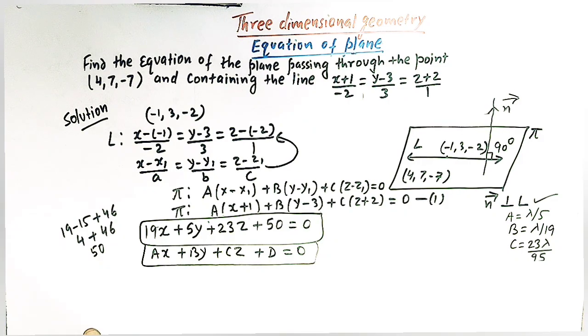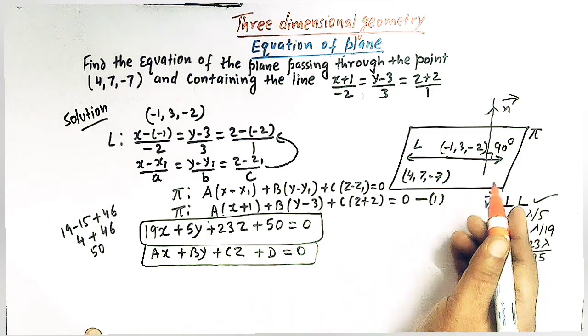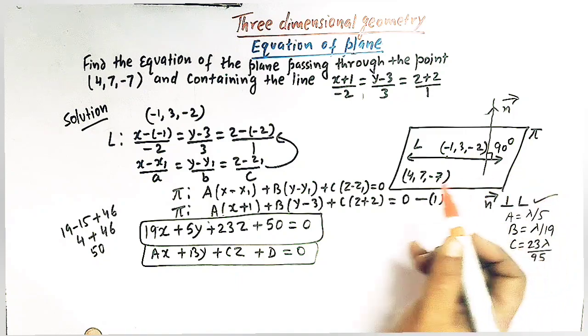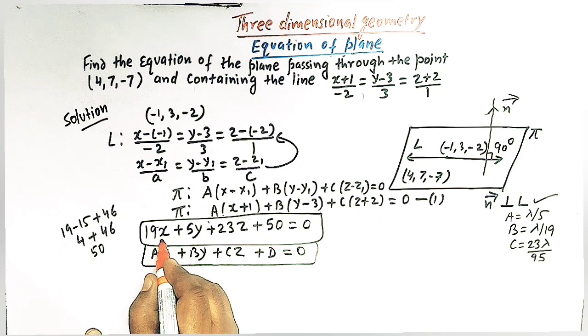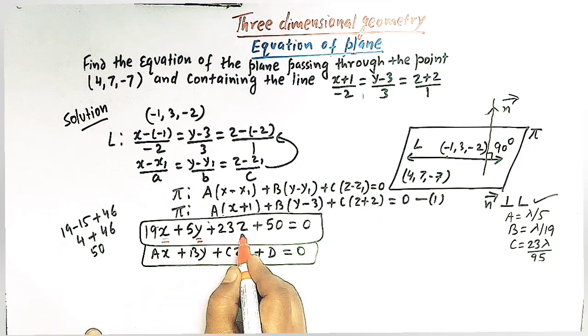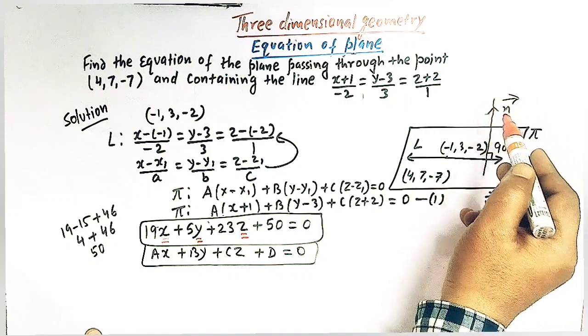So viewers, this is how, by the application of the concept of direction ratios, we can find out the equation of any plane pi with these given conditions. And here it is important to note that the coefficients of x, y, and z gives us the direction ratios of the normal vector.